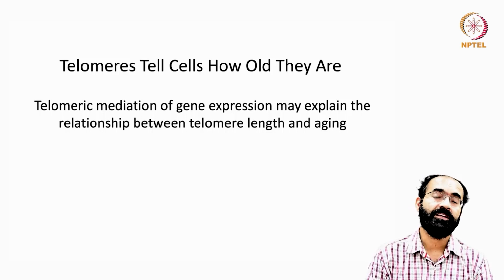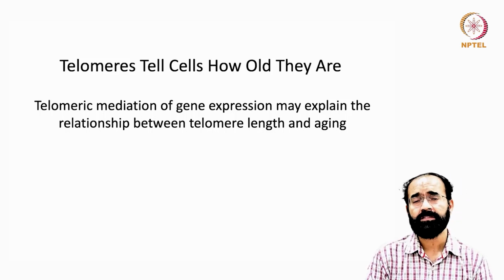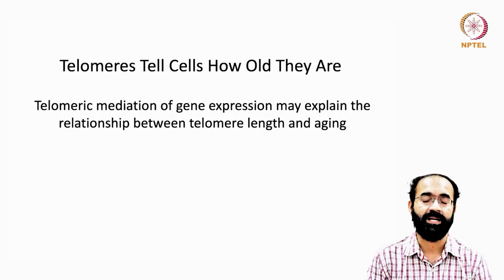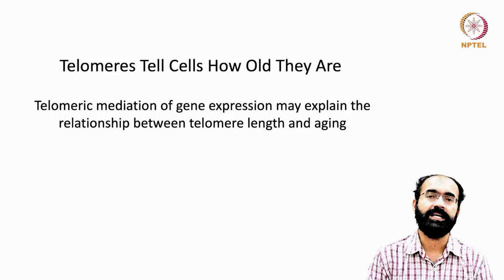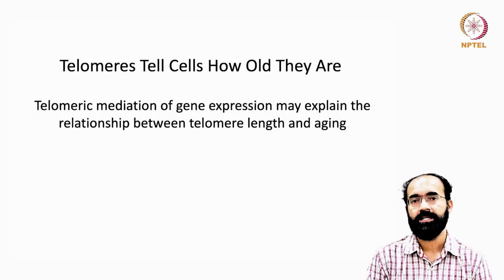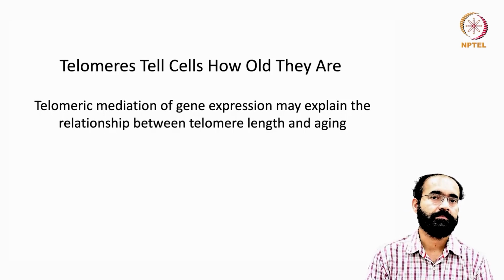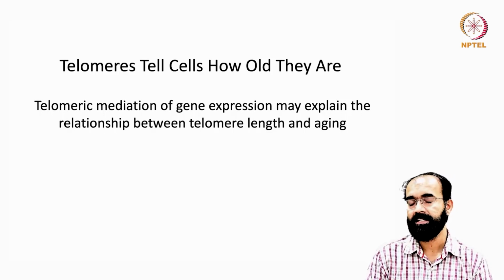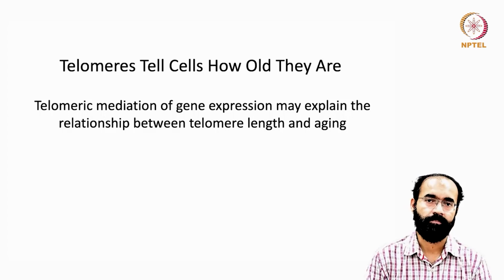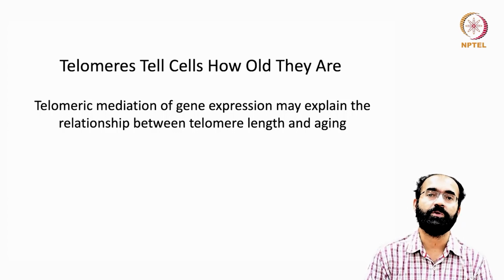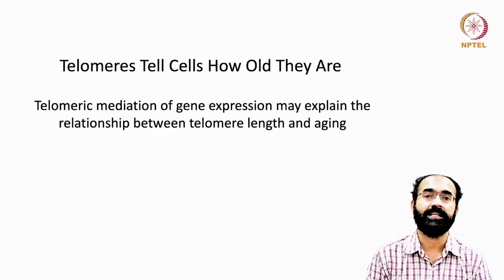Let us assume that a given cell has a telomere length such that 100 protein molecules can bind, and the cell will continue to produce that many proteins. If the telomere length is okay, all 100 proteins will be able to bind onto them. But if the telomere length is shortened, only 90 proteins are able to bind. The remaining 10 are sitting jobless.